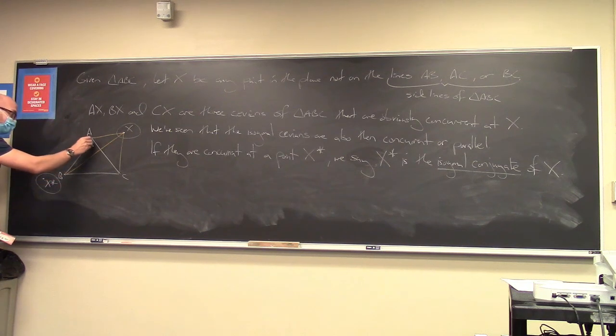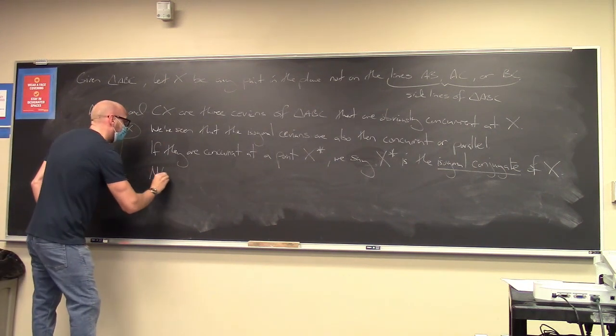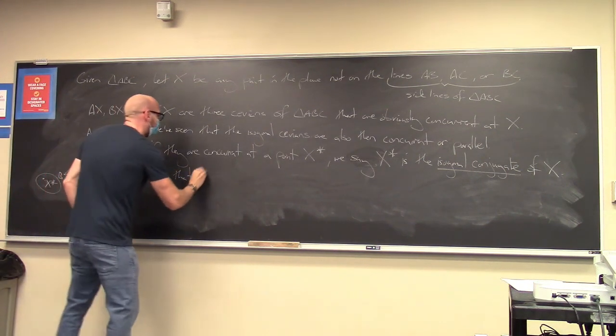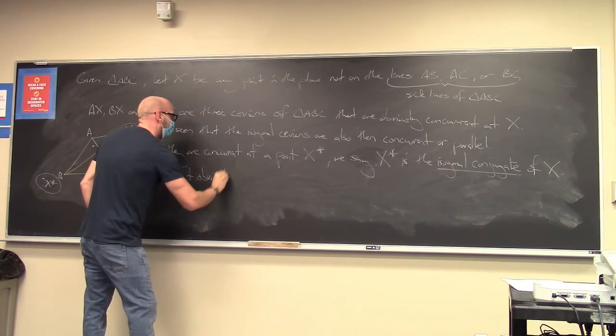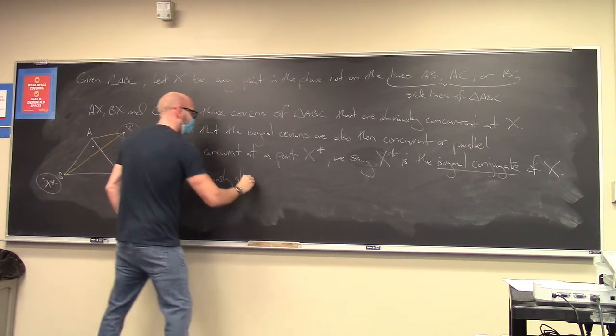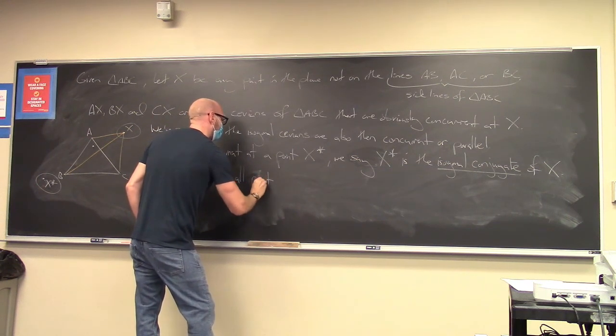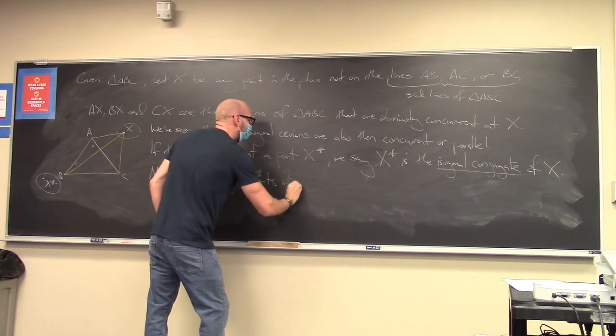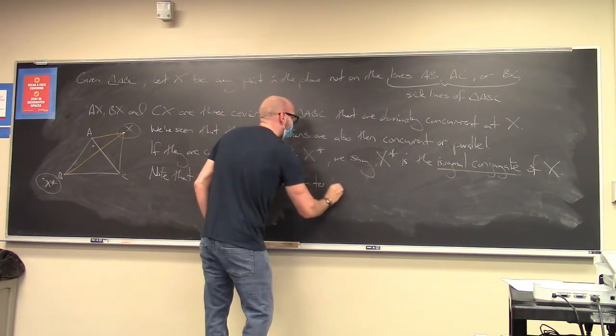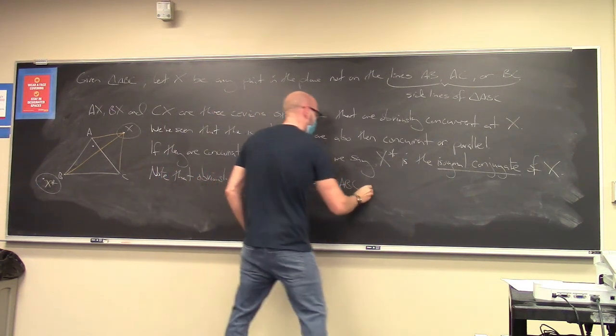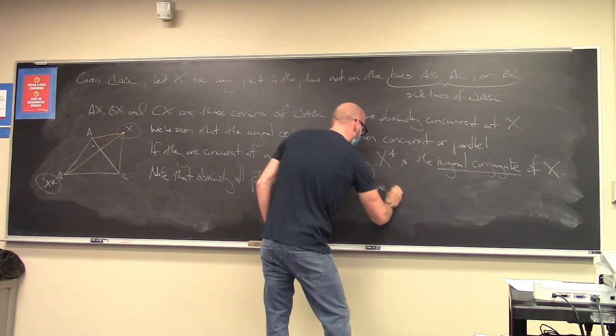So their isogonals are also interior Cevians, and therefore are concurrent somewhere. So note that obviously all points interior to triangle ABC have isogonal conjugates.